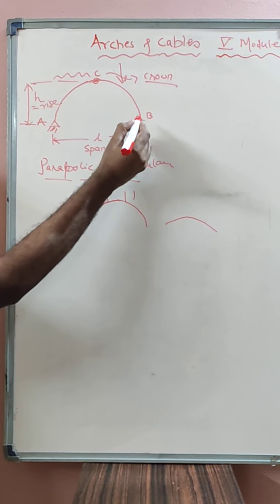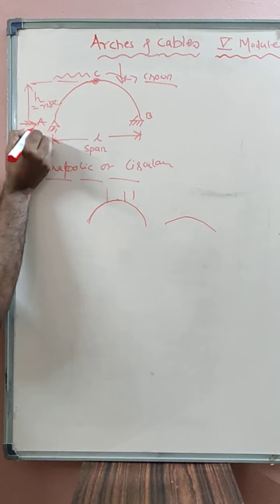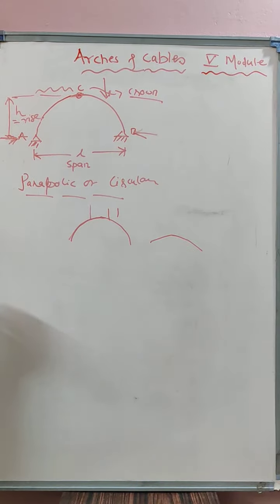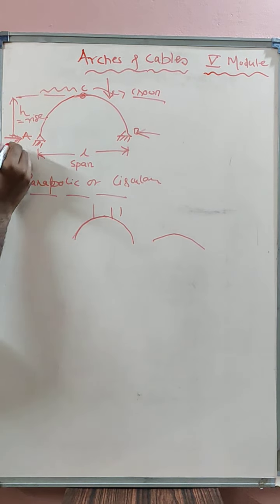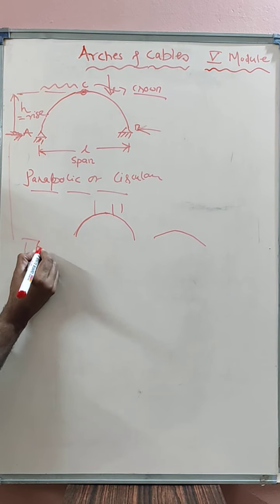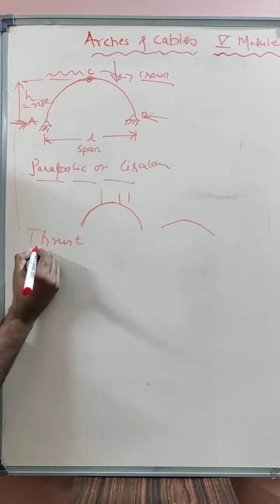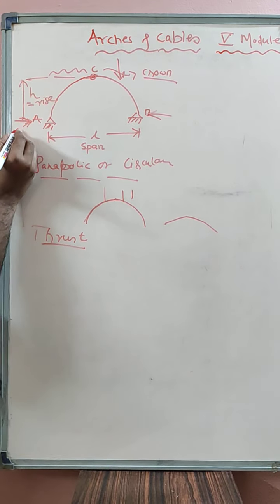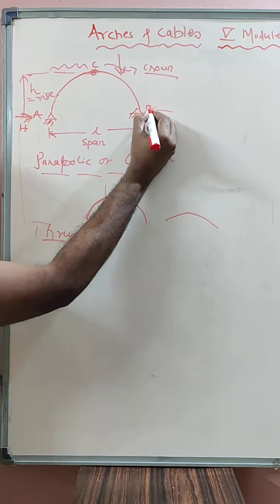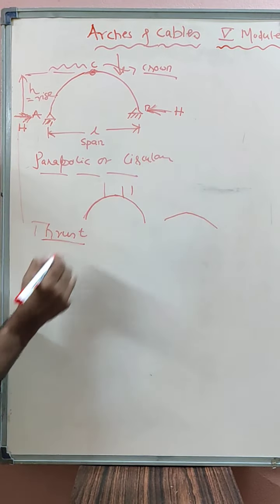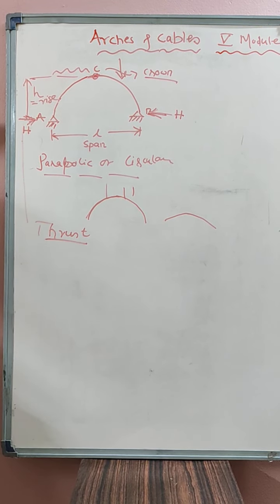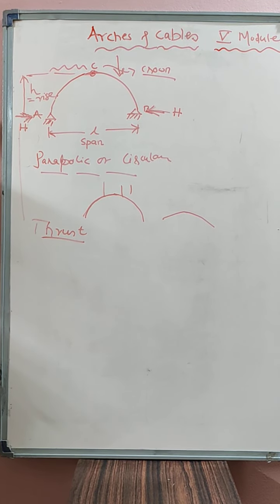When the arch maintains its shape, it is because of the compressive force that develops at the supports. This compressive force is called thrust. It is symbolized as capital H. So in all the arches you will see a horizontal force acting at the support, known as horizontal thrust.